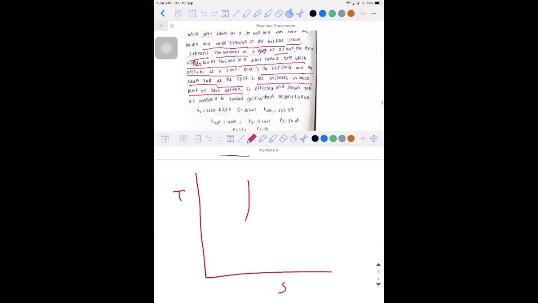Once again, this is X. Now, initially it is like this. This indicates state 1, and at state 2, this is equal to state 2.